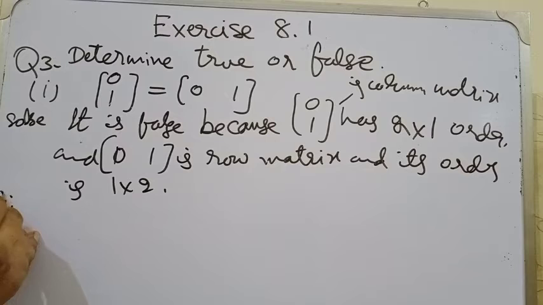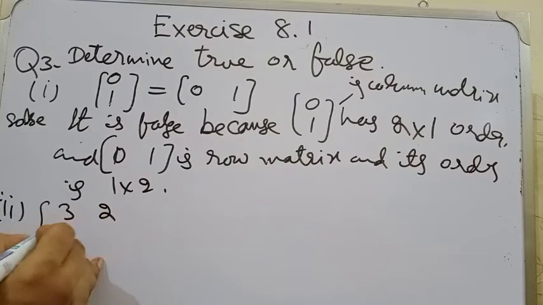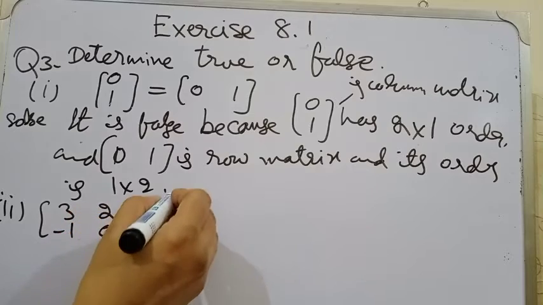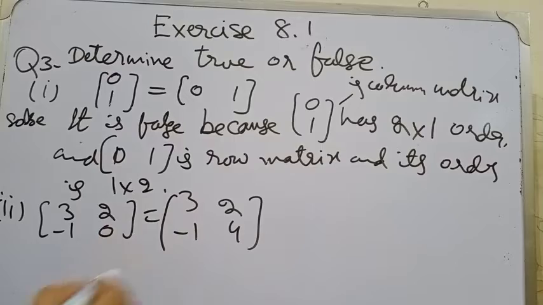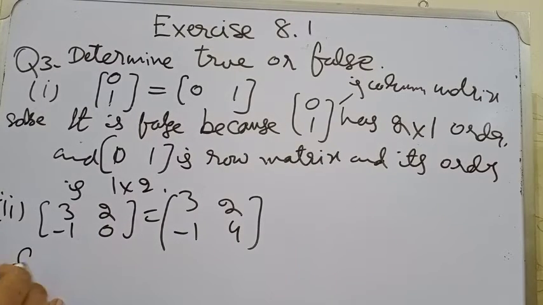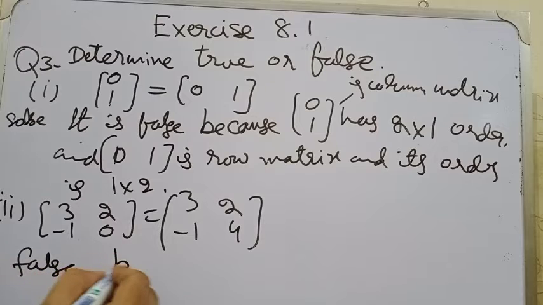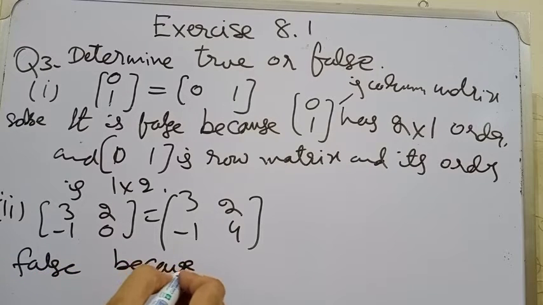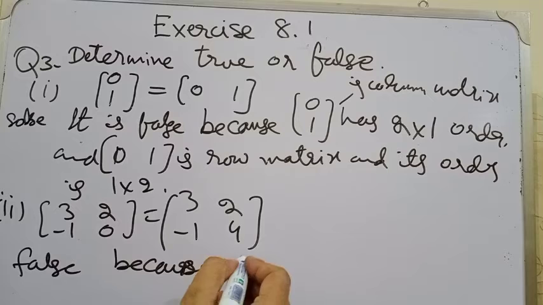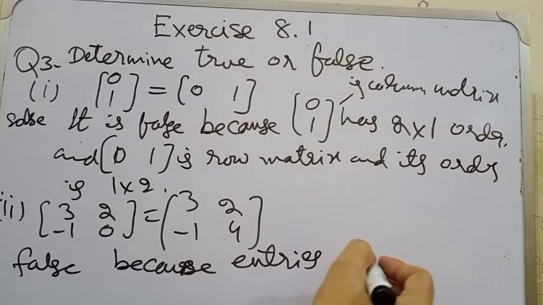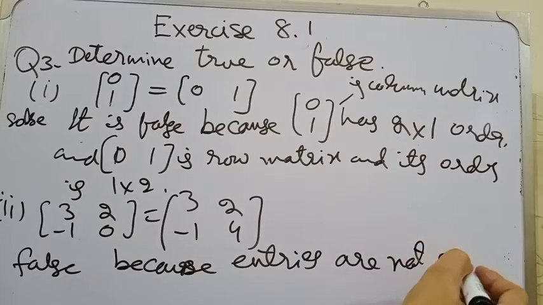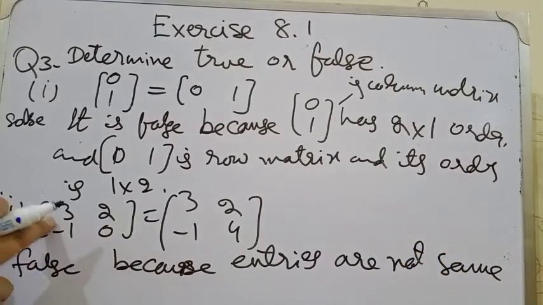Second part of question number 3, we have matrix 3, 2, minus 1, 0. This is equal to 3, 2, minus 1 and 4. This is also false because entries are not the same.